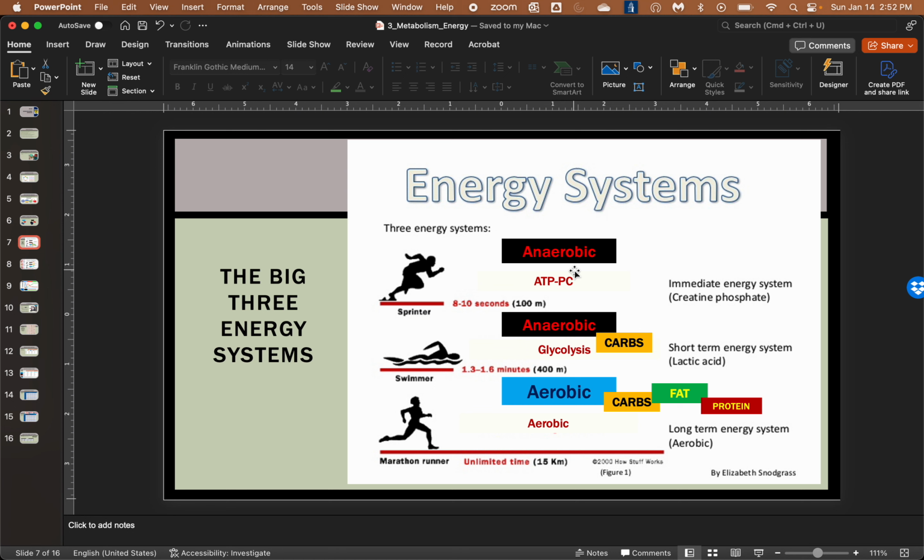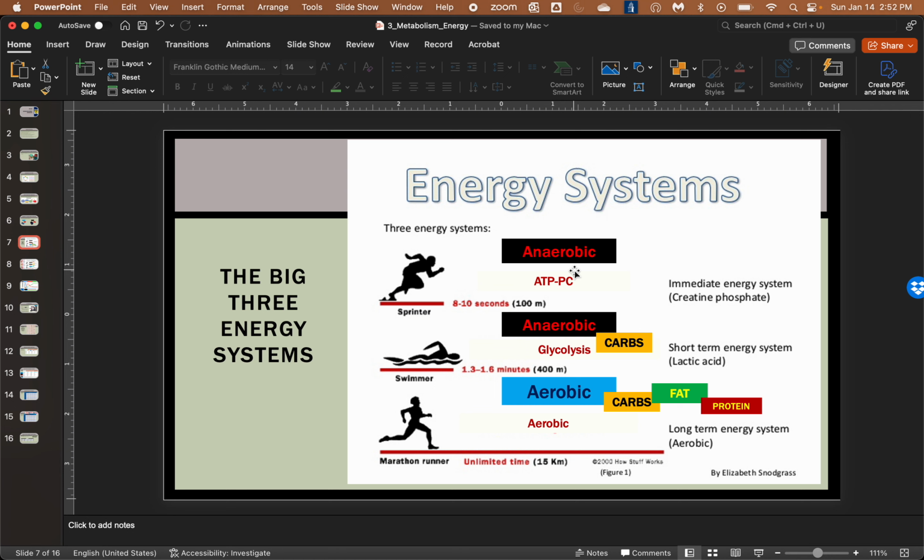Then there's this middle anaerobic system called glycolysis. There's a fast and a slow glycolysis. And so this is what I would call sort of the in-between energy system. It is actually just a little aerobic too. We talk about that more in upper level classes.